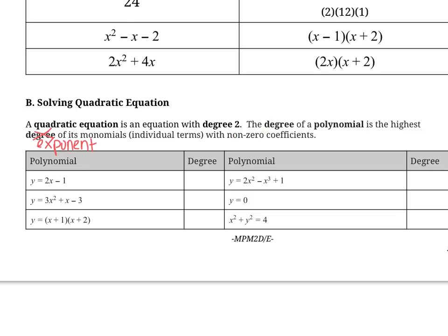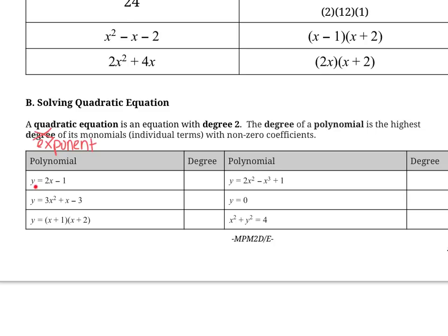What that means in English is the degree is the highest exponent of the variables in an equation. So a quadratic equation has a degree of 2, which means the highest exponent of the variables in that equation is 2. A linear equation has a degree of 1, which means the highest exponent on the variable will be 1. So let's see if we can figure out the degrees of these polynomials.